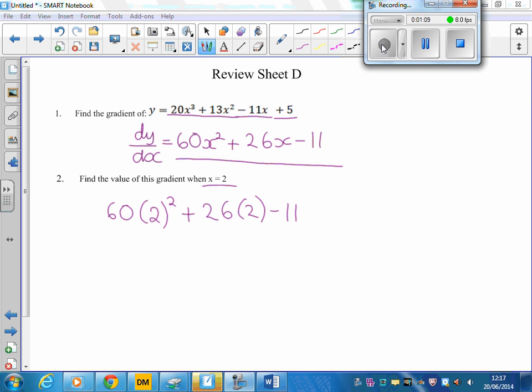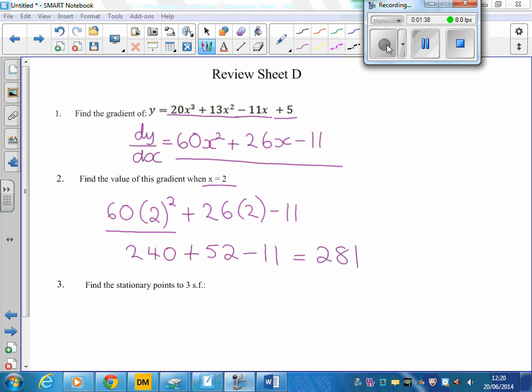If I then work out these individual parts, 60 times 4 gives me 240, plus 26 times 2 is 52, take away 11, gives me an answer of 281. So the gradient of this function when x is 2 is 281.